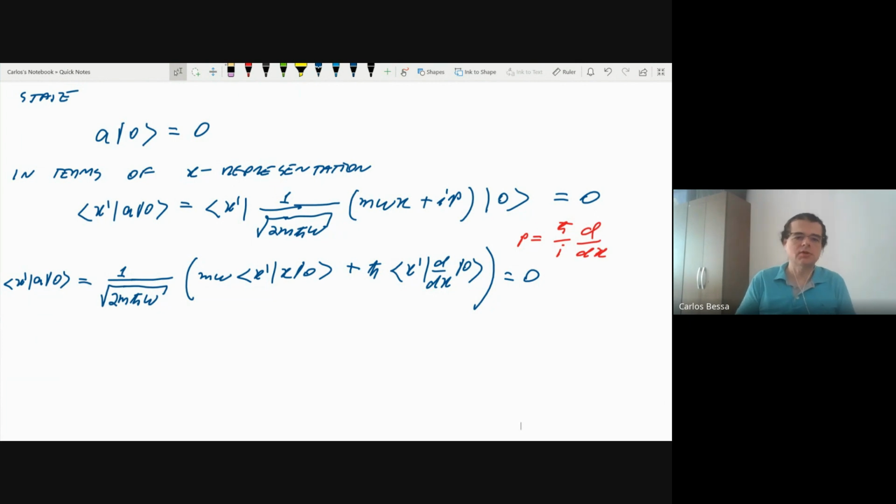Okay, so I don't need this constant because this is 0. So this goes away when it goes to this side.